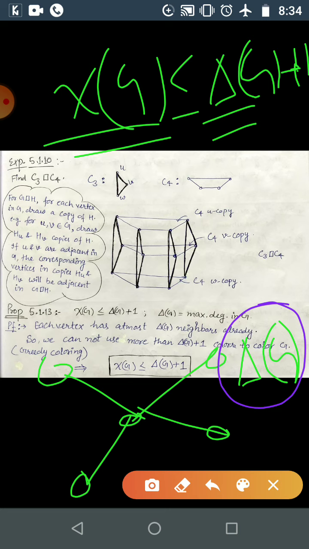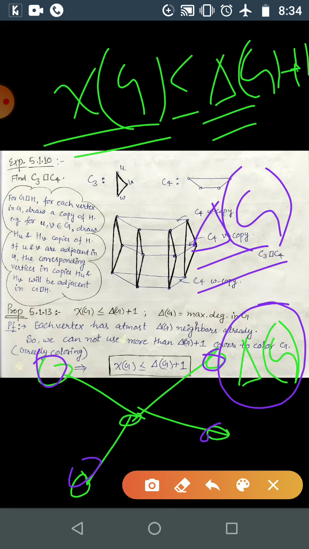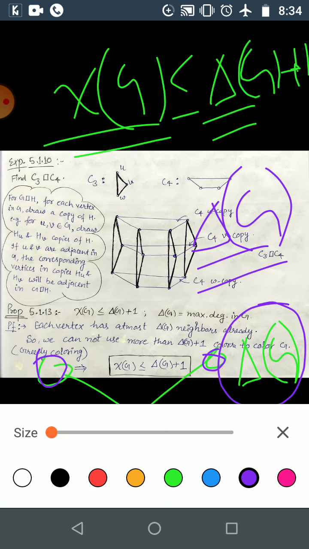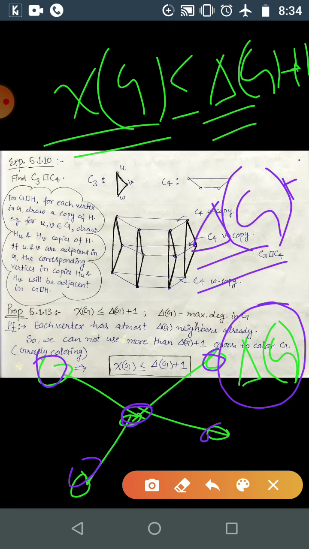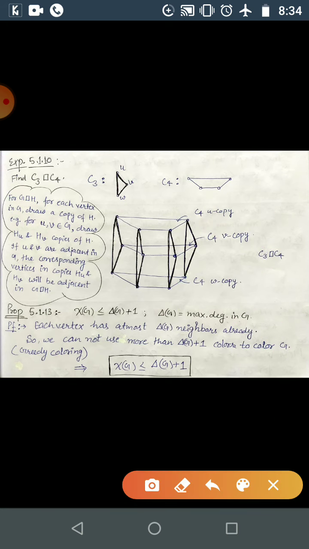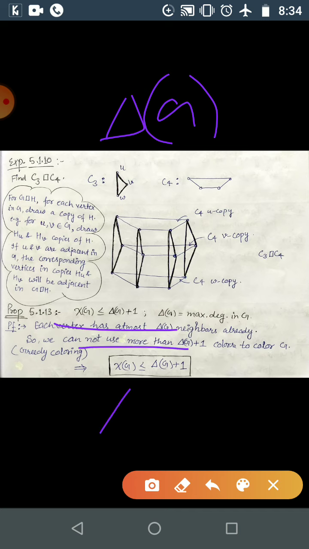So we cannot use more than this many colors. We use different colors to color vertices if they are adjacent. This one is colored and these are all adjacent to this vertex, so we have to use a different color, so one color more. I think this is simple. Each vertex has at most delta G, the maximum degree, neighbors. Obviously we cannot use more than this.